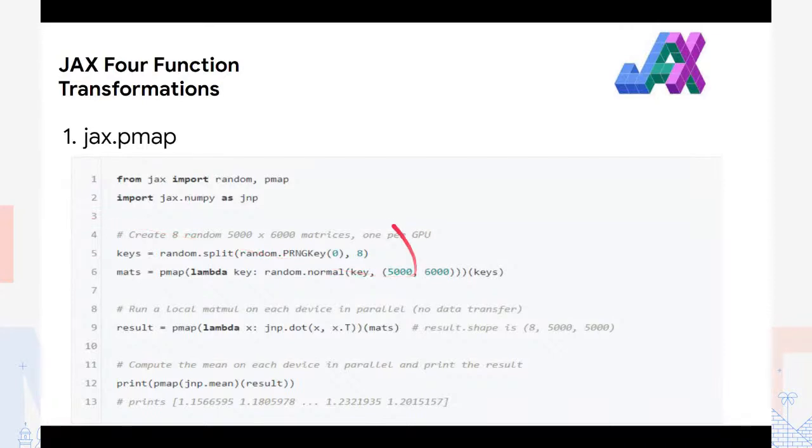And here we have a snippet of code. Overall, this code demonstrates how JAX uses the Pmap function to perform parallel computations across multiple devices without requiring any data transfer between those devices.